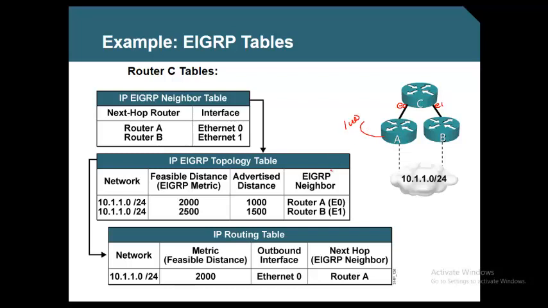And similarly, B is advertising to C an advertised distance of 1500, which is the distance from B to the 10.1.1.0 network.